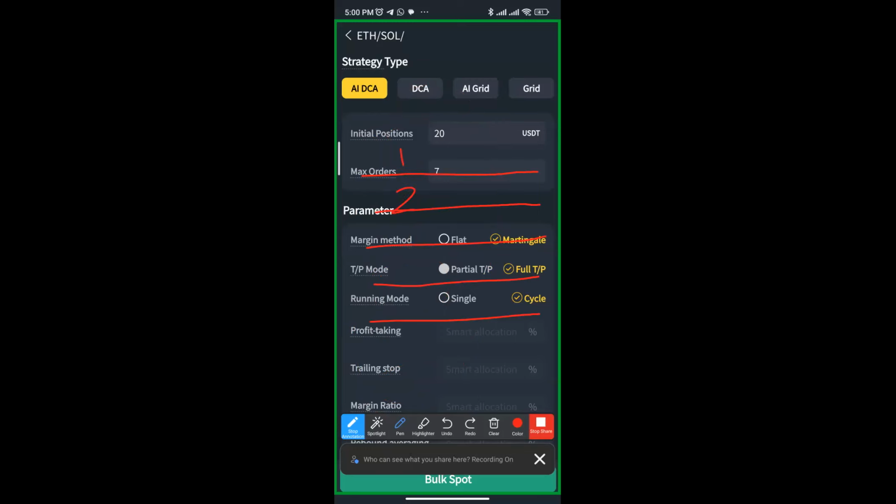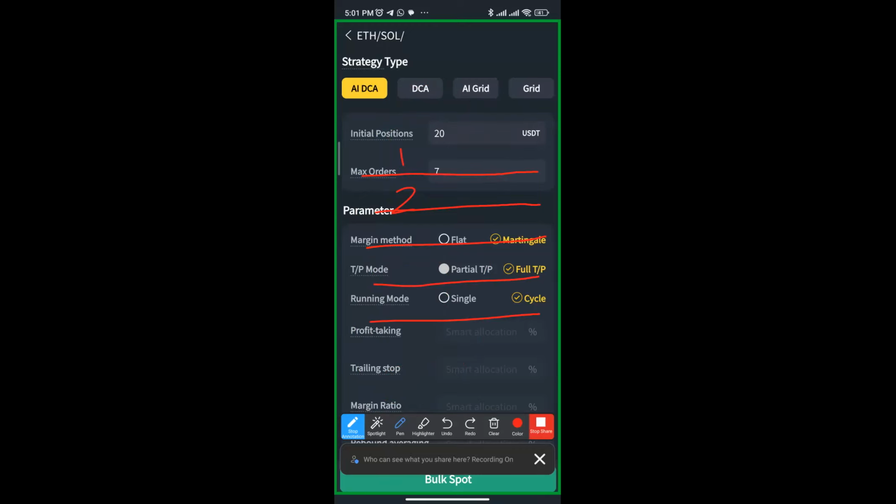So now, people want to ask, which is best for us? Both of them are very good, but there is a reason for DCA. DCA helps you to accumulate more coins. If you're preparing for the bull run, you use the DCA.